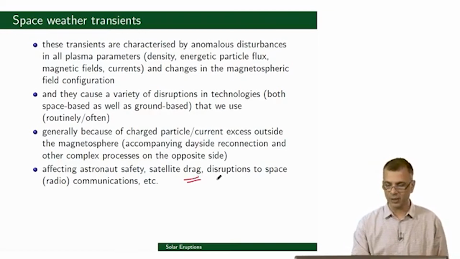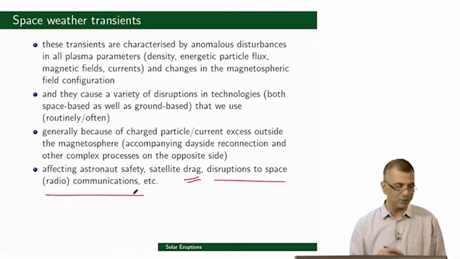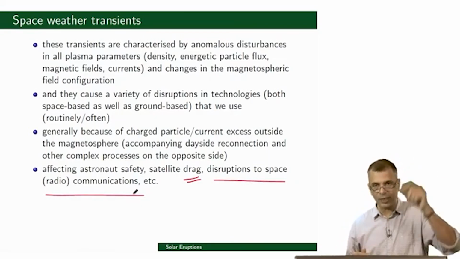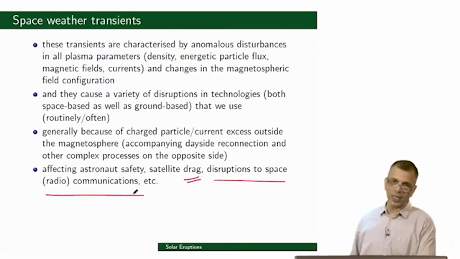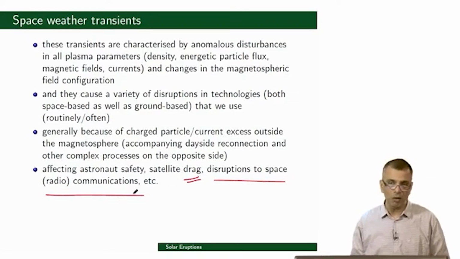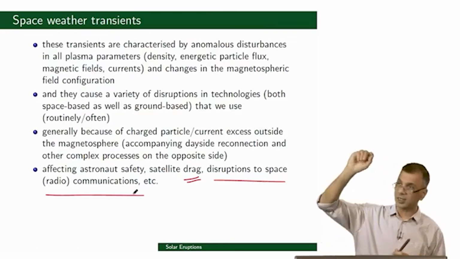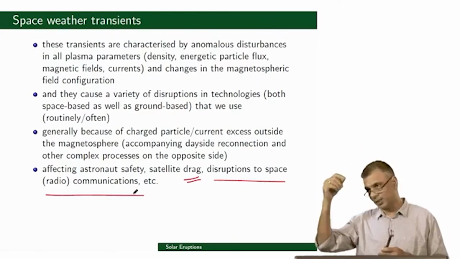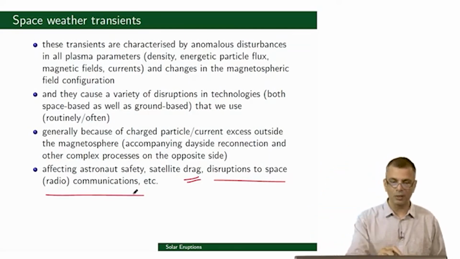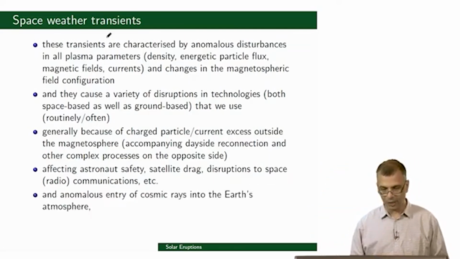These space weather transients can cause disruptions to space communications. For instance, if you're communicating with a satellite from the ground, like the Dish TV that you use, or in so many other instances, such as GPS, where signals are transmitted from the ground to the satellite and the satellite sends them back to us, these communications can be disrupted due to space weather transients.